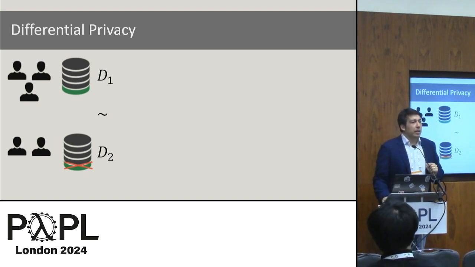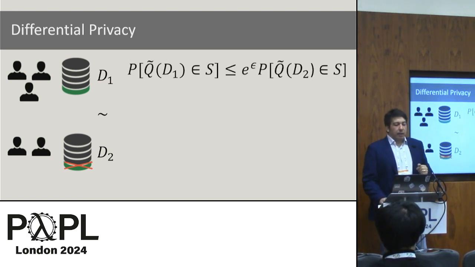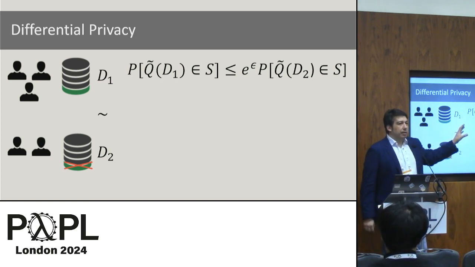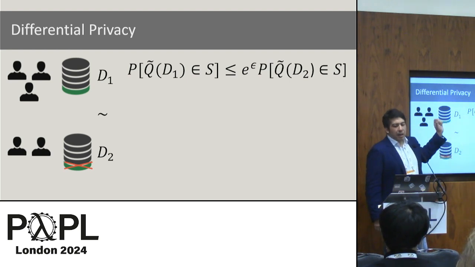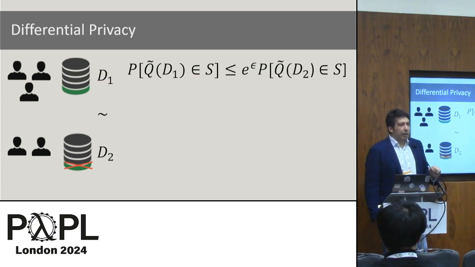The definition also considers a randomized query, Q tilde. Randomized means that every time you run the query on the data set, it's likely to return different results. And the definition relates the probabilities of running the query on D1 and on D2. It says that if you run the query on D1 and you observe something that belongs to S, that is similar to running the same query on D2 and observing the same thing, modulo some factor e to the power of epsilon.